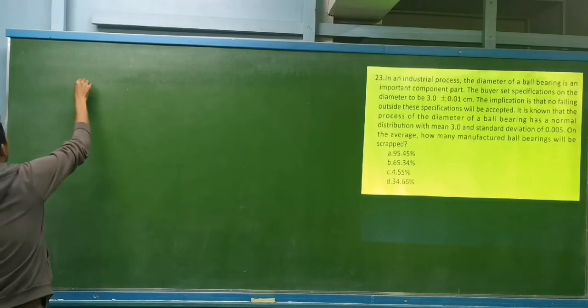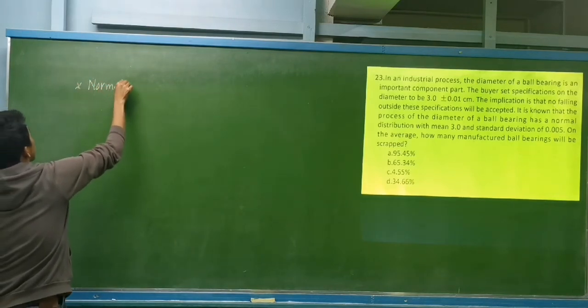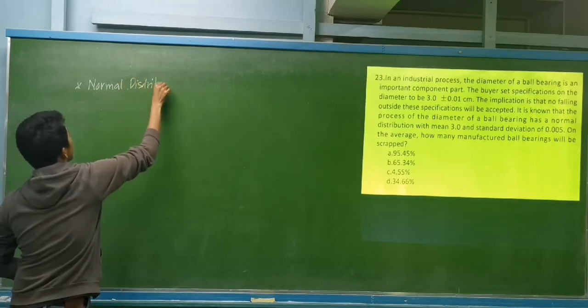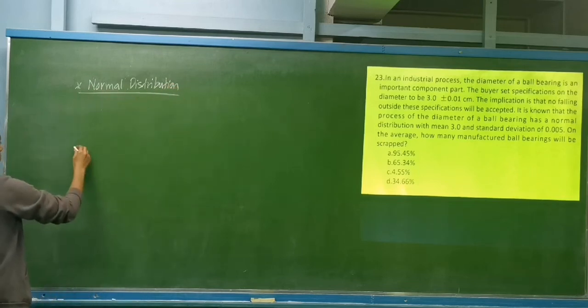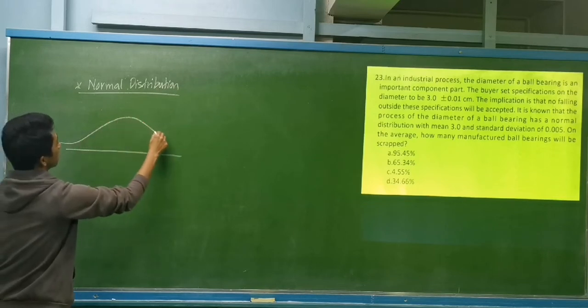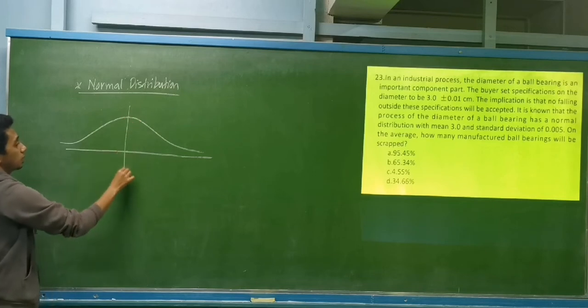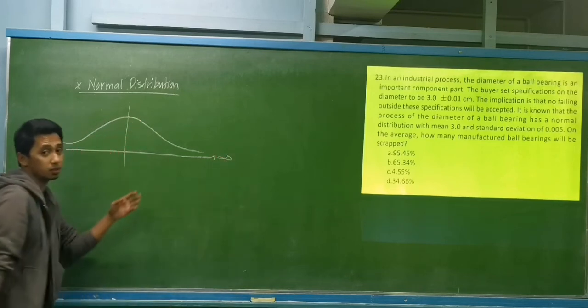So sa case ng normal distribution, ito yung kanyang graphical representation. Meron tayong bell curve. By the way, ito ay papunta sa positive infinity on the right side.